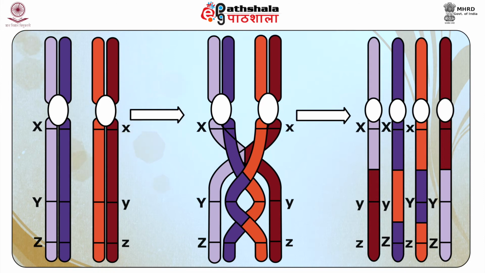Test cross data will then generate a 1:1:1:1 ratio. But as two genes are closer and closer on the chromosome, fewer crossover events will occur between them, and thus fewer recombinant chromosomes will be derived. We then see a deviation from the expected 1:1:1:1 ratio.